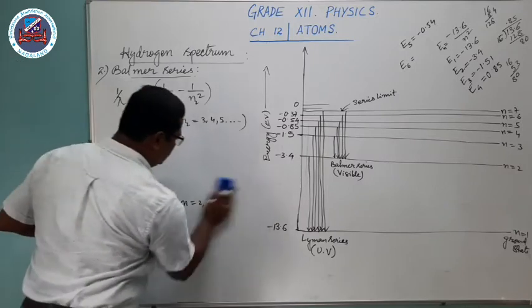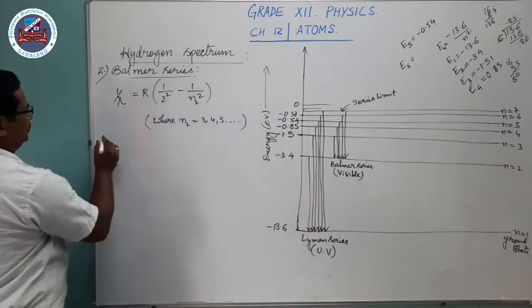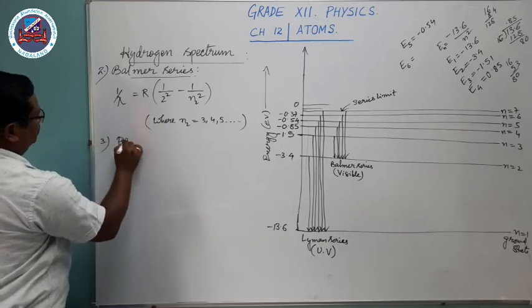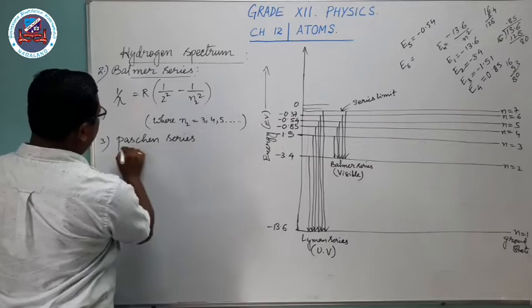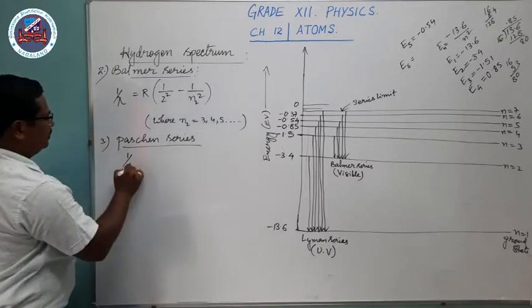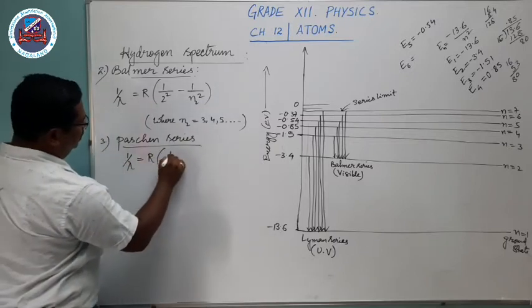Then comes your Paschen series. In the Paschen series, the wave number is given like this: R times 1 by 3 square.